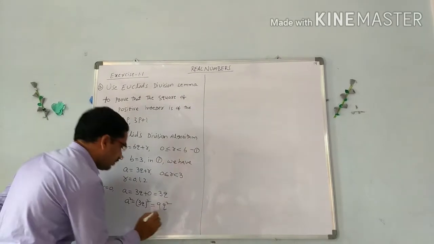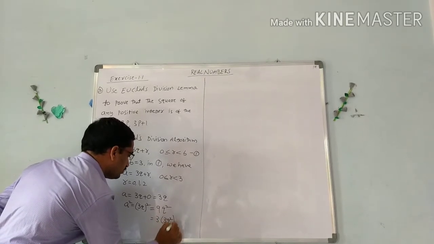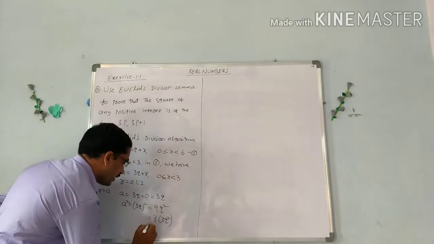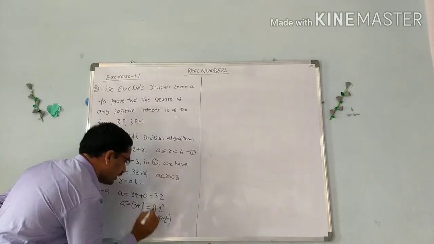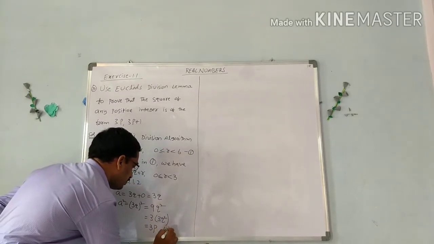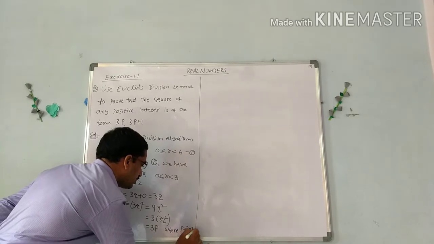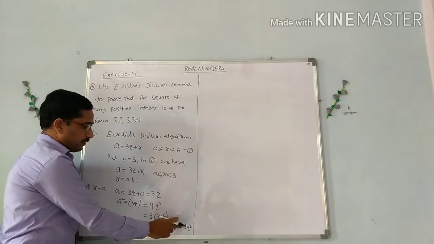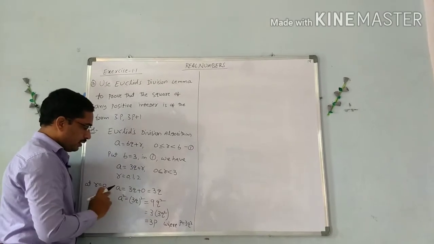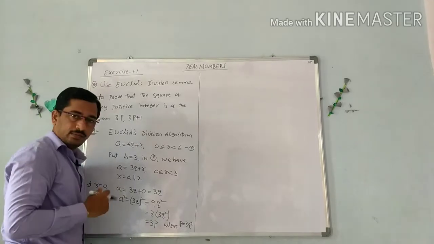I want to write the 9 as 3 into 3, so 3 into 3q square. I am taking 3q square as p, where p equal to 3q square. So this is 3p. This means if a equal to 3q, then a square can be represented in the form of 3p.